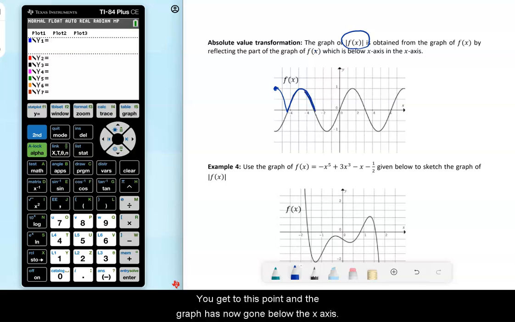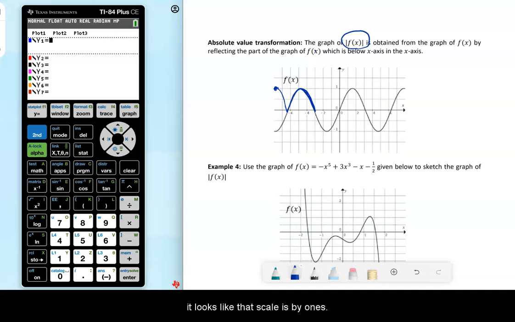You get to this point, and the graph has now gone below the x-axis. So I'm going to take the minimum here. It looks like it's at roughly -1.5 maybe, checking the scale on that x-axis. It looks like that scale is by 2s as it's marked.